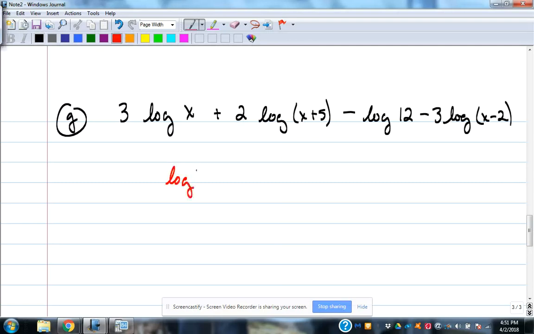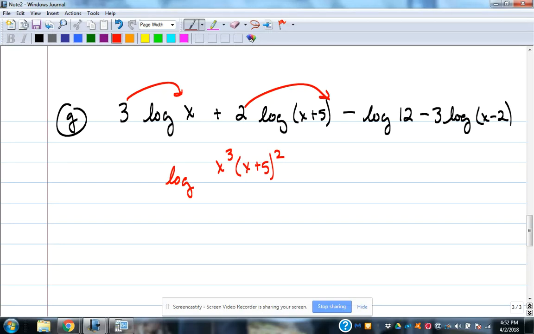The multiplication stuff, right? So we have log of x cubed times x plus 5 squared. Now see where I'm getting at? The exponents go up. If you don't use that sound, it doesn't work. Then everybody else has a minus sign, so that means everybody else is where? Bottom, in the denominator.